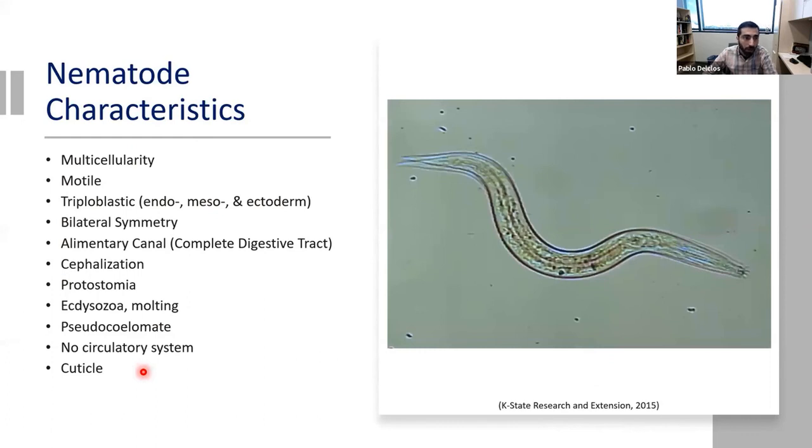They are mobile. They're triploblastic, so they have endoderm, mesoderm, and ectoderm. And just like everything a little bit more basal from it and everything more complex, they have cephalization as well. They are protostomes, and they have what's called a cuticle, which is just a protective layer that helps them retain water and protects them from nasty pathogens.